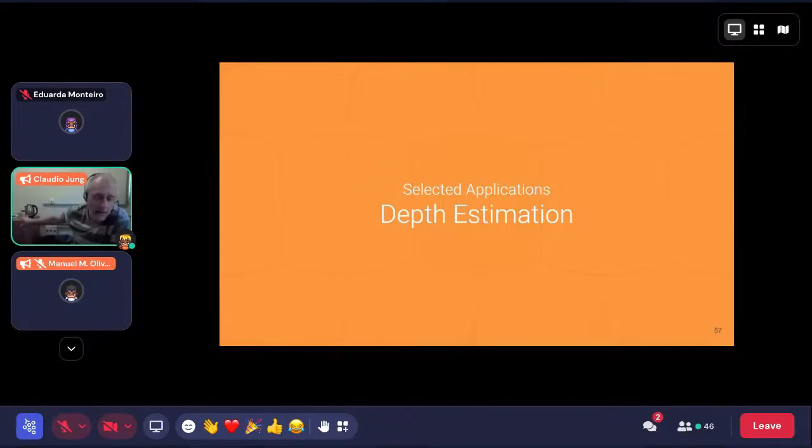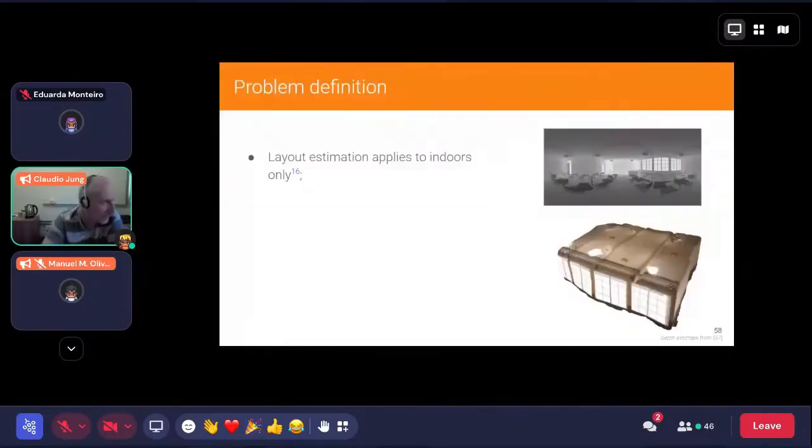This is not going to be captured by a layout estimation method because it's not part of the layout, it's an object. So layout estimation methods provide a rough representation of the 3D scene, and they are restricted to indoor environments. The goal for depth estimation methods is to obtain typically a dense map where you want to know the depth of each pixel in a panorama.